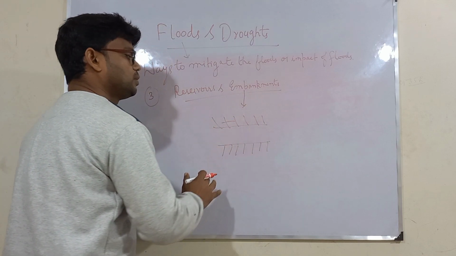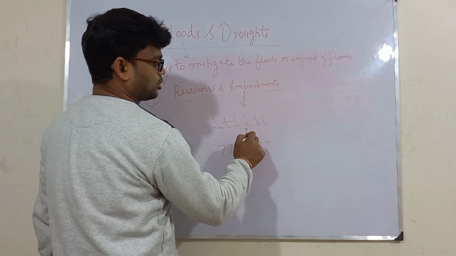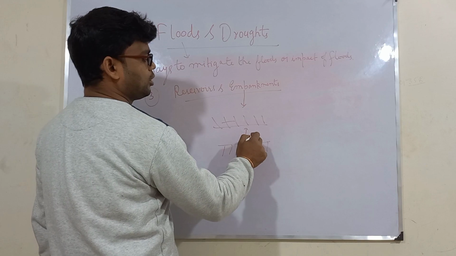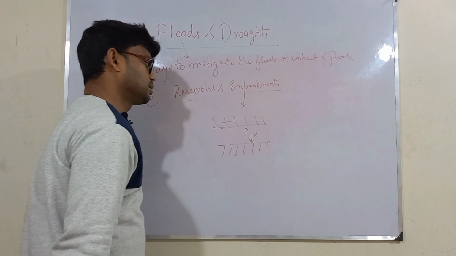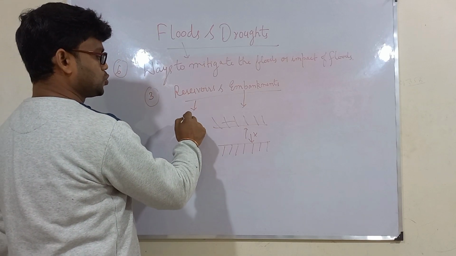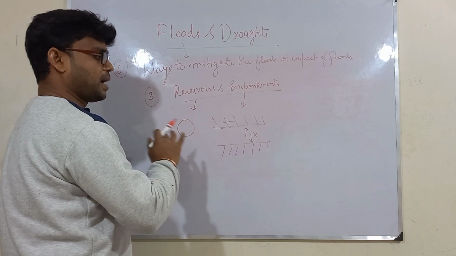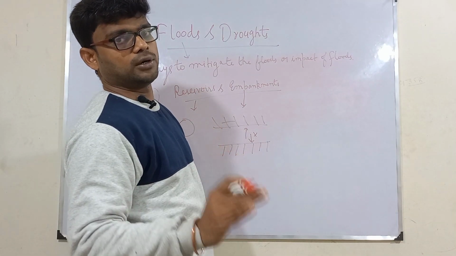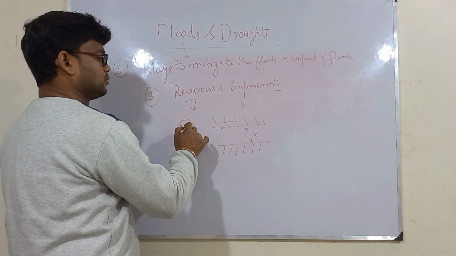Embankments generally used to be built along the rivers in order to avoid the outflow of river water. In order to avoid this outflow of river water, we generally used to see embankments. Okay, and reservoir is again storing the river water to reduce or manage the volume of water flowing through rivers. That is known as reservoirs.